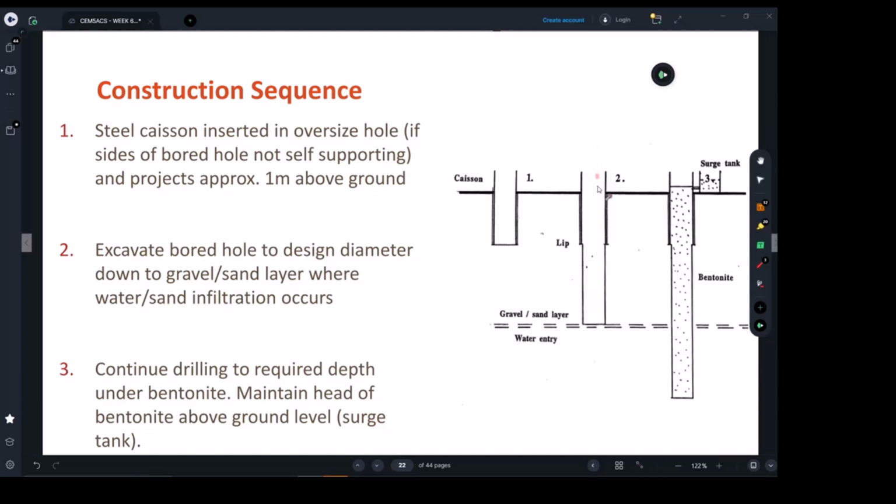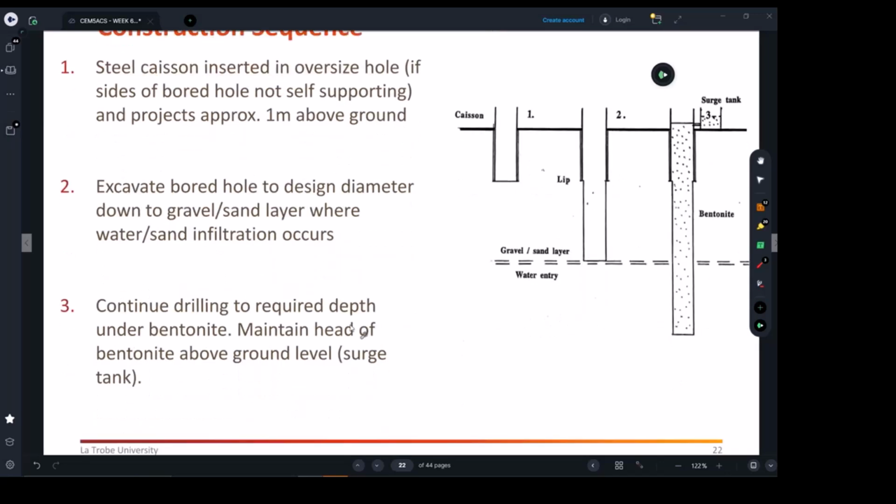You're just going with an auger, without pouring concrete, and you excavate through whatever material you find, up to the level where the soil holds itself, until you reach the water table.